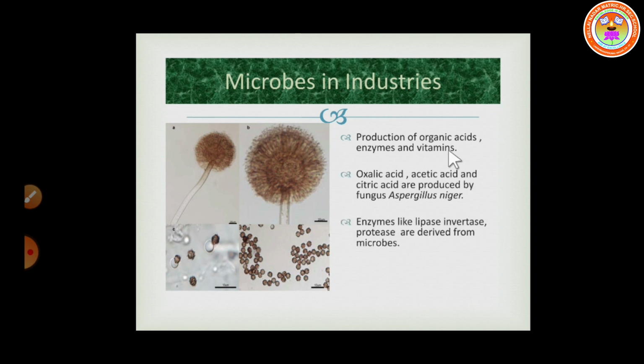Oxalic acid, acetic acid and citric acid are produced by the fungus called Aspergillus niger. What is the name of the fungus? Aspergillus niger. These organic acids are produced by this special type of fungus.